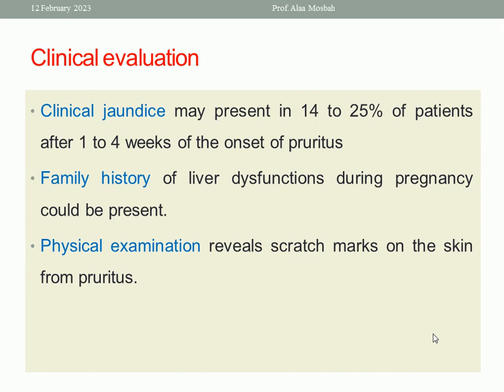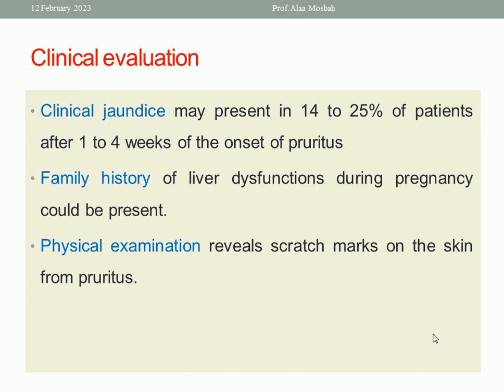You should ask about the family history of liver dysfunction during pregnancy. Is it present or not? Because a family history, if positive for liver dysfunction during pregnancy, also suggests the theory of genetic cause.